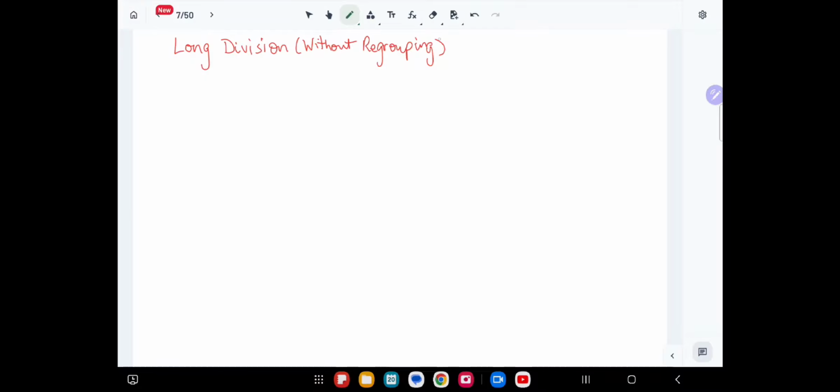So division without regrouping is very simple. Once we follow our steps as given below, we'll be able to do any division given.